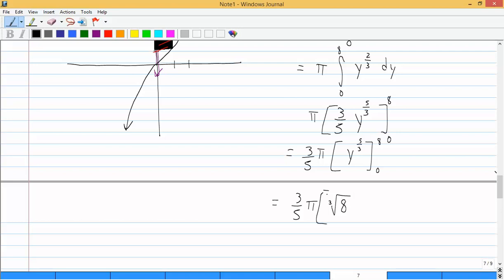Or you can put this in parentheses and put the power on the outside. That's what I suggest doing, because we can take the cube root of 8 and then raise that to the 5th. Then minus, we plug in 0, and 0 to the 5/3 power is 0.